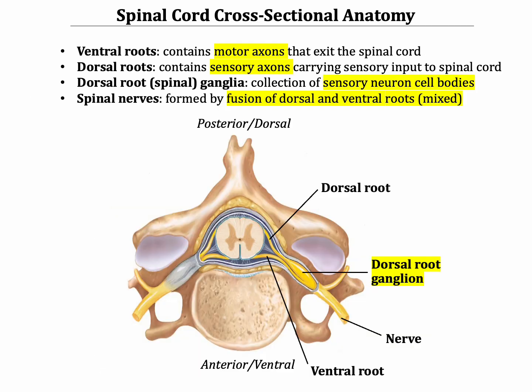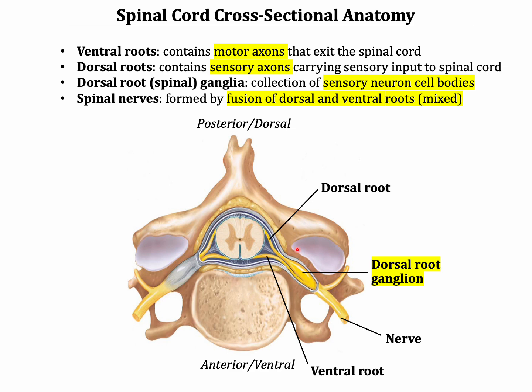As those fibers leave the spinal cord, they're going to form roots. So there's a ventral root and there's a dorsal root. The ventral root is carrying motor axons, the dorsal root carrying sensory axons. It's still keeping that same type of organization. On the dorsal side, what's unique is there's a dorsal root ganglion, and this is a collection of neuron cell bodies, particularly sensory neuron cell bodies.